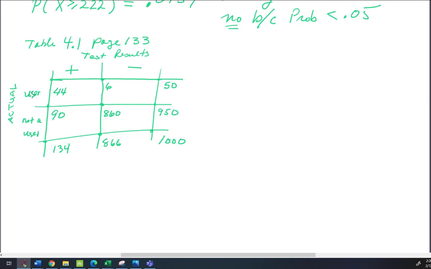Well, if you are a drug user and your test comes back positive, we would call that a true positive, and I'm just going to abbreviate that TP because I don't have much room to write there. And if your test came back positive, but you were not a user, we would call that a false positive.